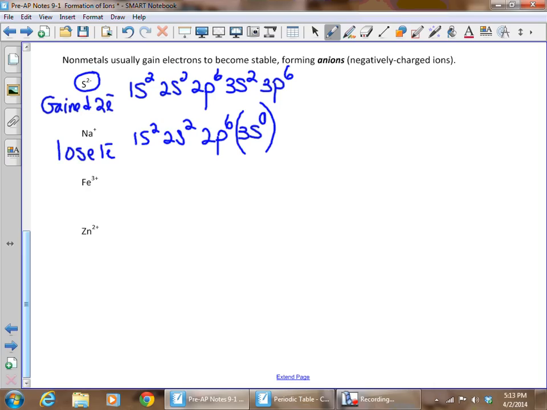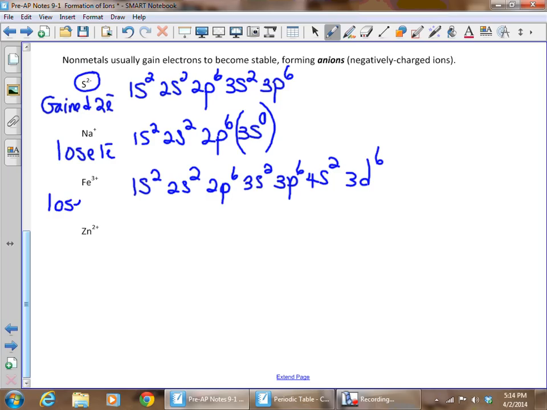These are transition metals, and transition metals form ions by losing electrons a little bit differently than the other elements do. Iron is 1s2, 2s2, and this is true for all transition elements. 1s2, 2s2, 2p6, 3s2, 3p6, 4s2, 3d6. And since it's a 3 plus ion, that means that iron has lost 3 electrons.